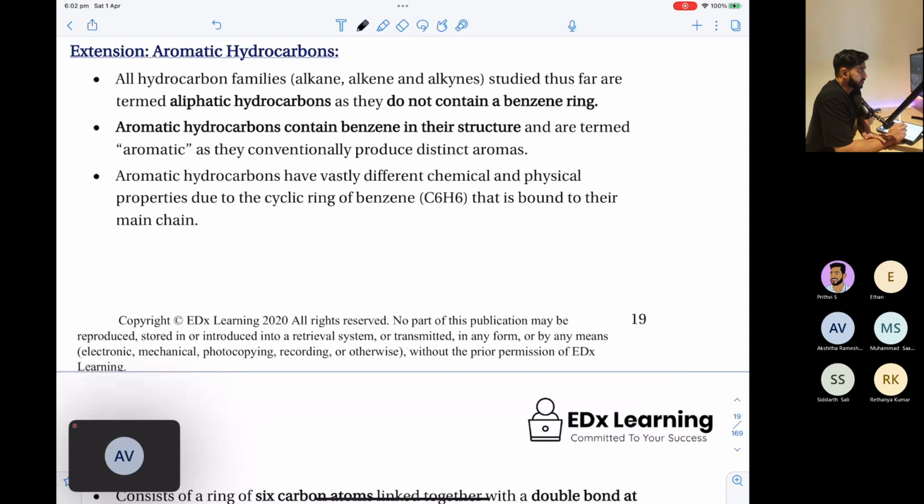Everything I've taught you till date, and everything I will teach you after this, will be about hydrocarbons that do not contain this molecule called benzene.